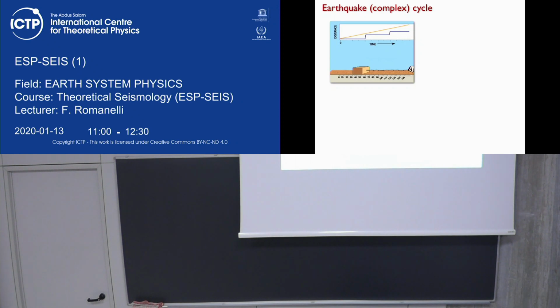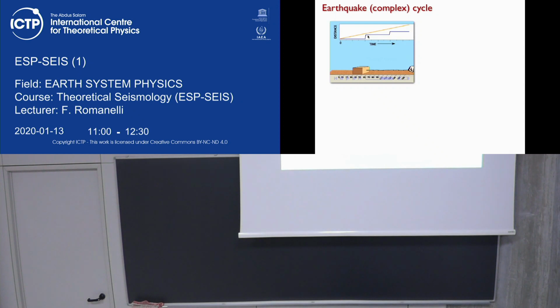Then, in principle, we can draw this line here. So you have a stick regime and a slip one, stick and slip, like a violin player. And in principle, what you can get from this plot here is the duration of the accumulation of stress. So this part, and in principle, you can know what is the amount of slip after the stress is winning over friction. So that's the slip on the fault.